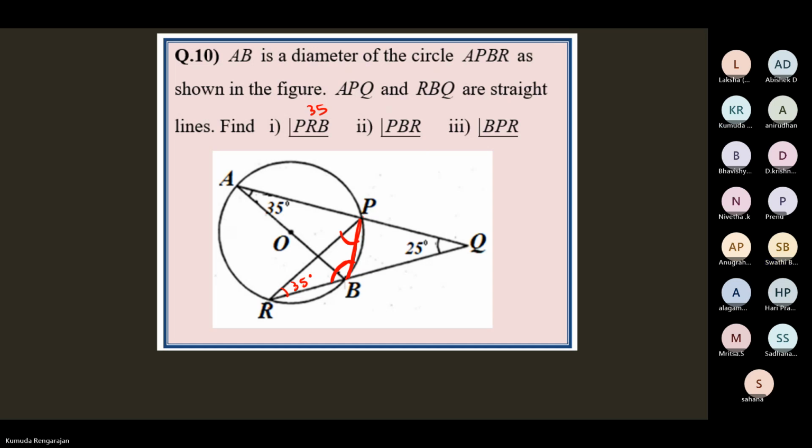Yes, ma'am. So which is that point on the circumference to which the points A and B are joined? From point A to point B, ma'am. No, A and B are the ends of the diameter. You should tell me another point on the circle to which A and B are joined.